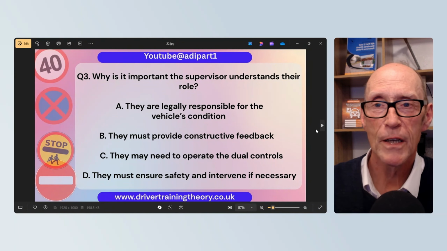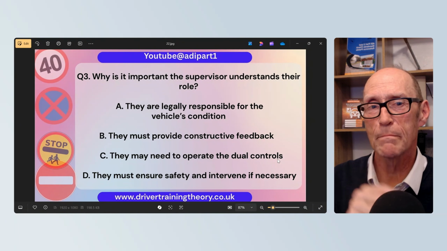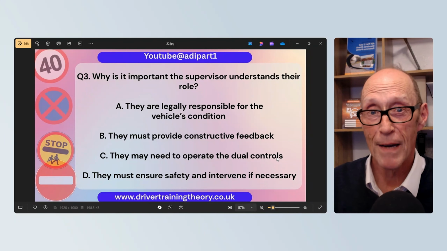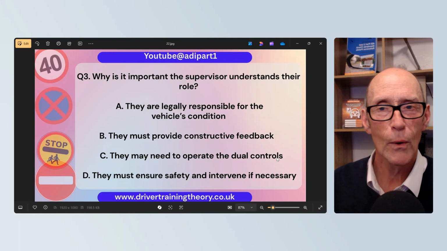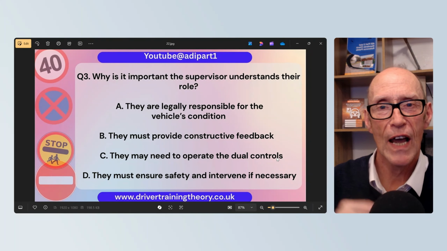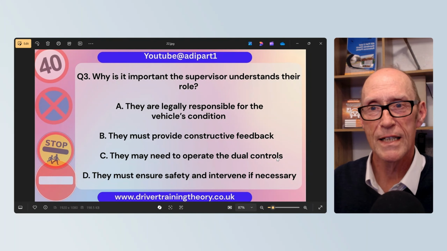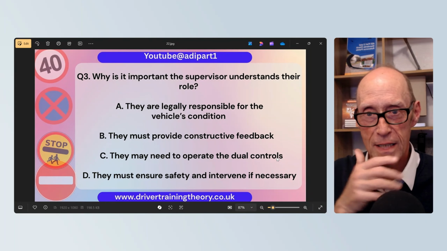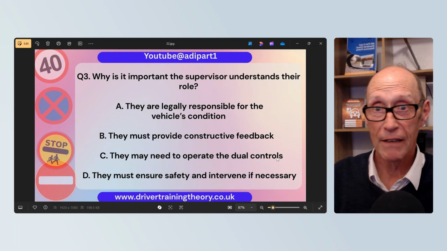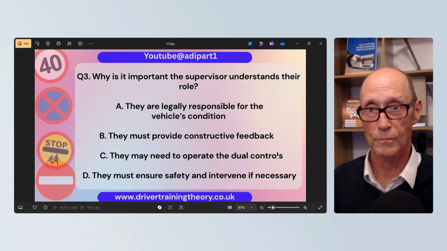Now, most people make the mistake of going for they may need to operate the dual controls. But remember, the scenario is they're having private practice, so the chances are they haven't got dual controls.